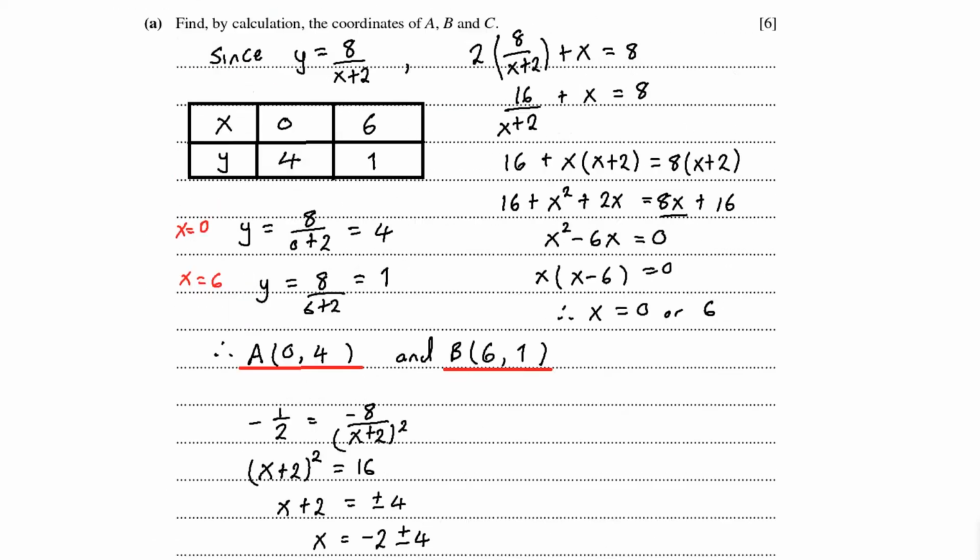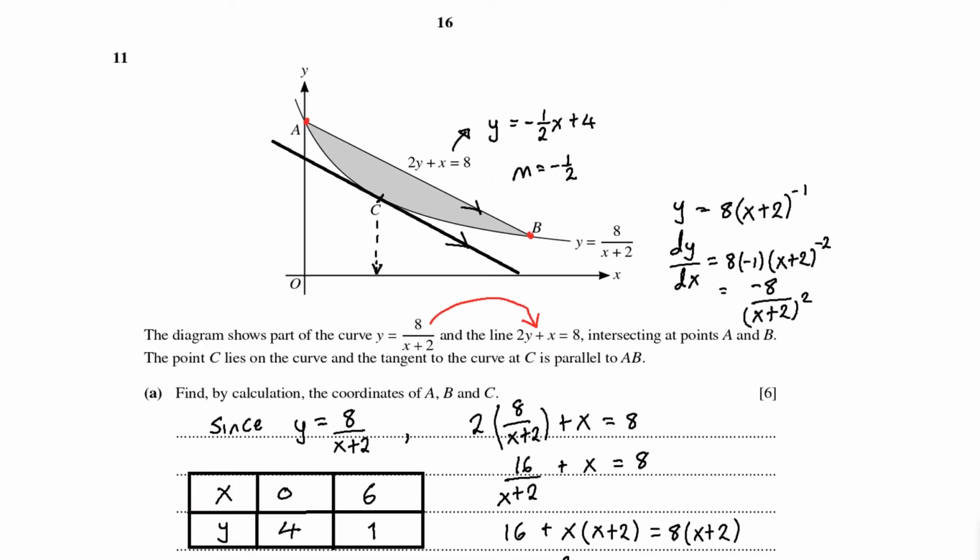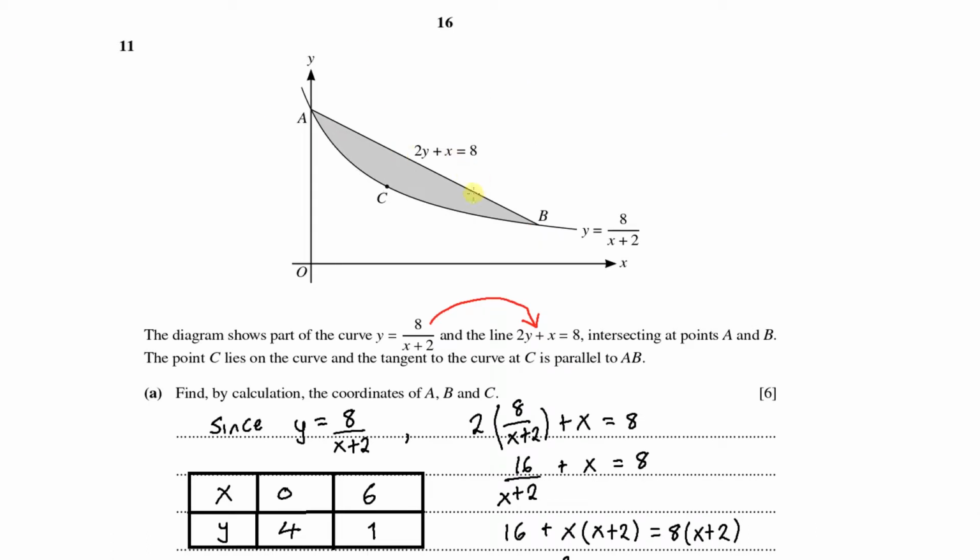So let's go back to the diagram. I'll refresh it. So here it is. So it's the region, the shaded region, that is going to be rotated through 360 degrees about the x-axis.